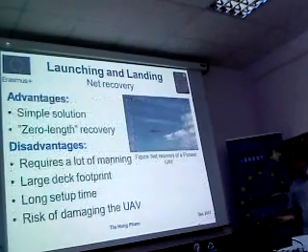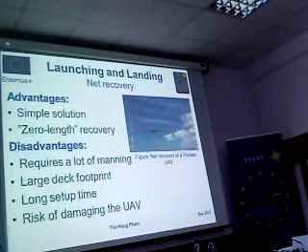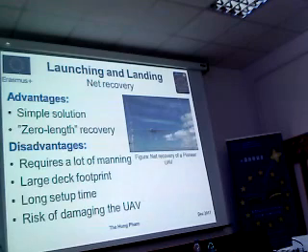So the advantage of this solution is that it is very simple, and we have zero length recovery. However, we have some disadvantages. It requires a lot of money. We have to maneuver the aircraft to fly directly to the net, and sometimes it's not an easy task if we have a small net, or some conditions that are not good, so it can miss the net.